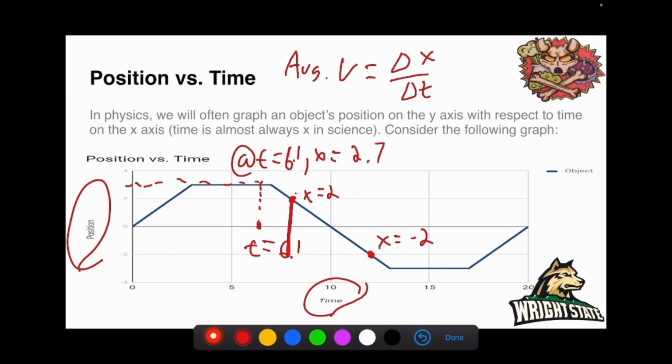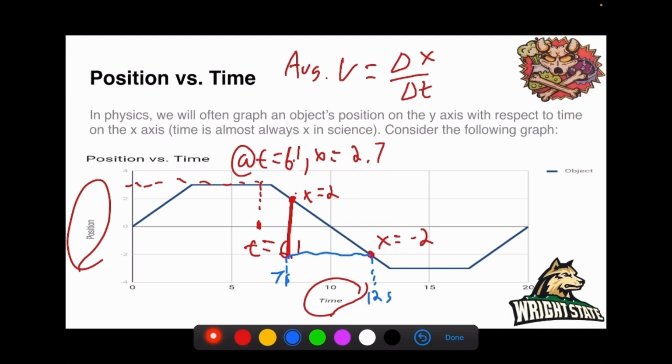And my change in time is on the bottom. So I've changed my time from about 7 seconds to about 12 seconds. So I've changed my position between 2 and negative 2, and my time between 7 and 12. I can figure out my average velocity as change in x over change in t.